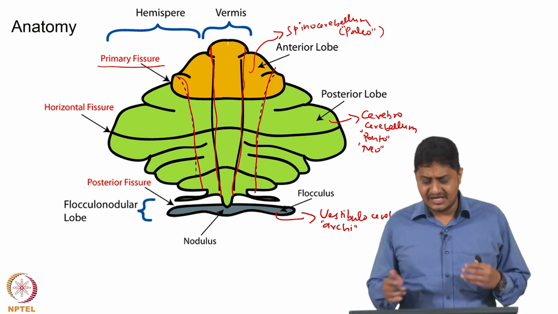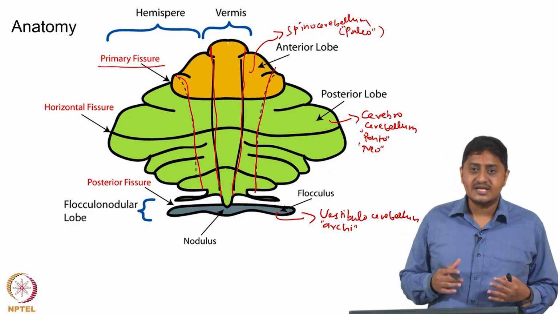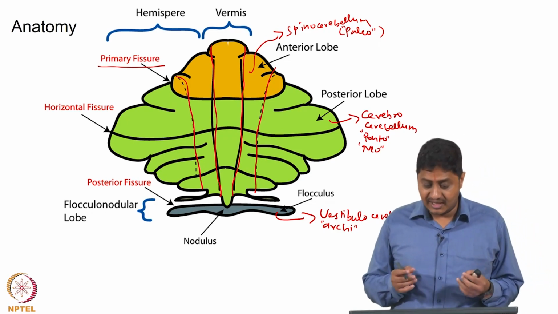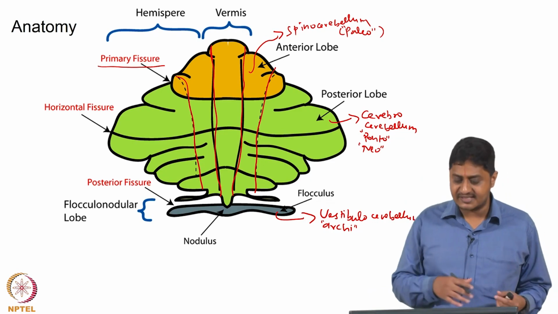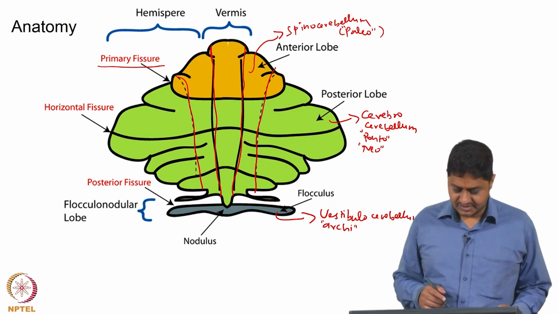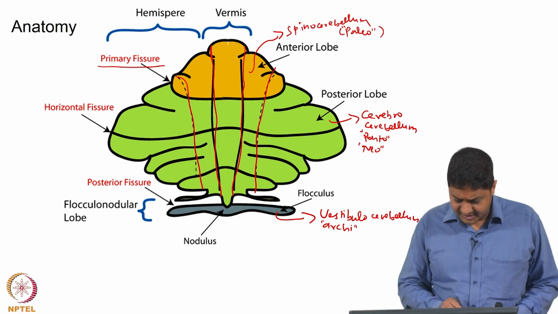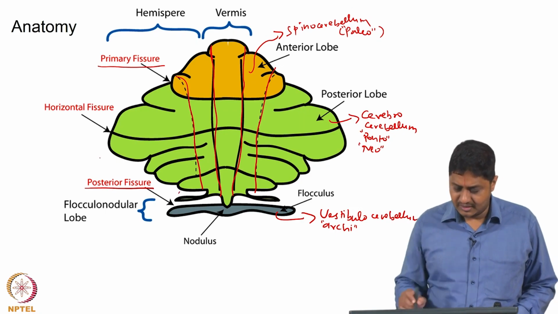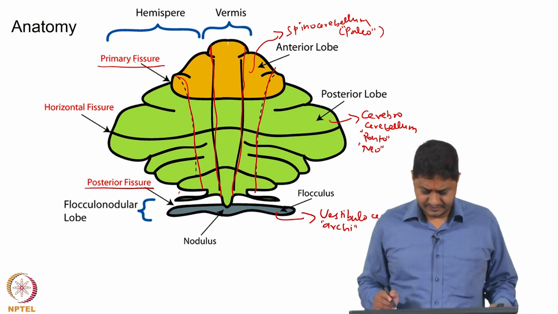The lesions that happen to these regions also cause characteristic differences, so the response of the organism will differ depending on the region of the lesion. What is not mentioned is that the flocculonodular lobe is separated from the posterior lobe through the posterior fissure, and the anterior lobe and posterior lobe are separated by the primary fissure.